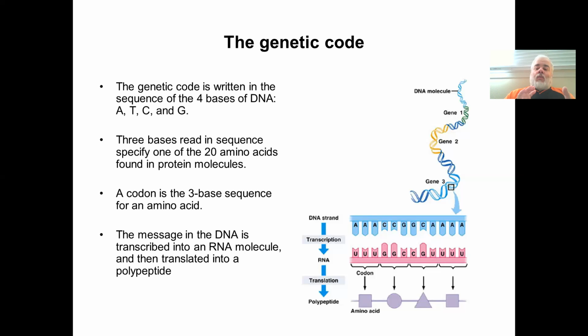Because of that, there's a slight variation in the base for thymine, and there's no T in RNA. It's called uracil, U. And so don't get confused. Everything else is the same, except when you're talking about RNA, any T's become U's.